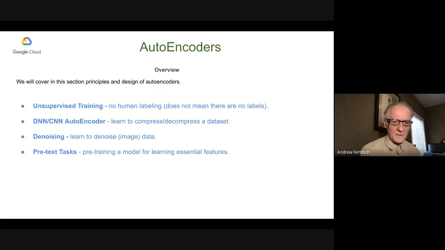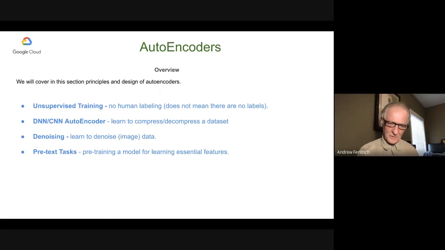This session we will be focused on autoencoders. So we're going to cover first what unsupervised training using autoencoding is. That means we're going to train without any human labeling, but that does not mean there are no labels. We're then going to discuss a deep neural network autoencoder and then a convolutional neural network autoencoder.